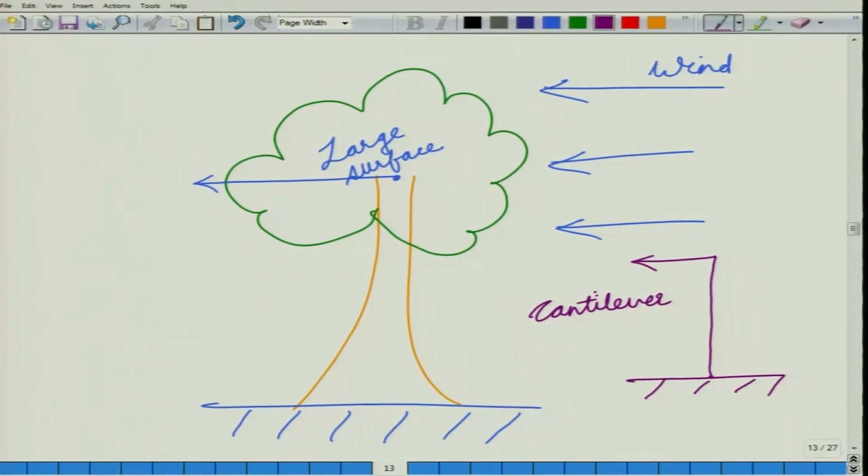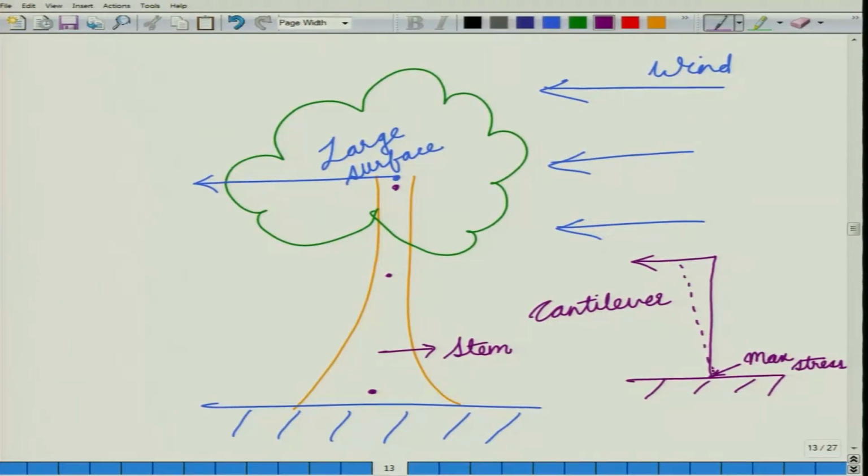Because the substance that makes the tree stem is the same whether you consider a point here or here or somewhere in between, and when this force is acting, the maximum amount of stress would be felt at this point, because this is where the force is trying to topple the tree.